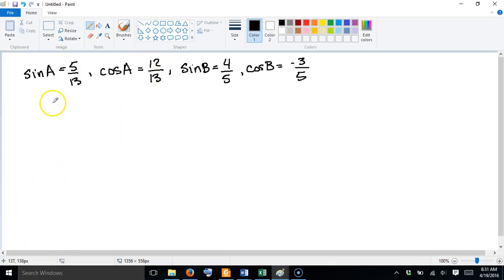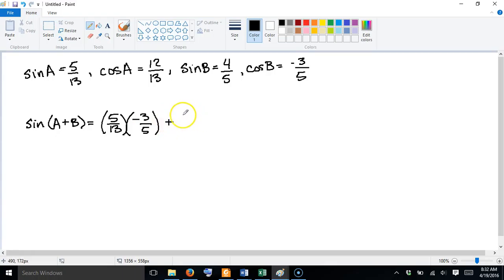All right, so now that we have all of our values written down, let's plug them into our sum and difference identities. So sine of A plus B is equal to, this is how it goes. It says sine of A, so I'm going to take my sine of A value, plug it in, times cosine of B. So I'm going to multiply it by my cosine of B, which is negative 3/5.